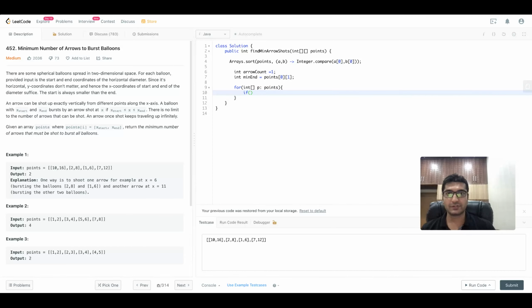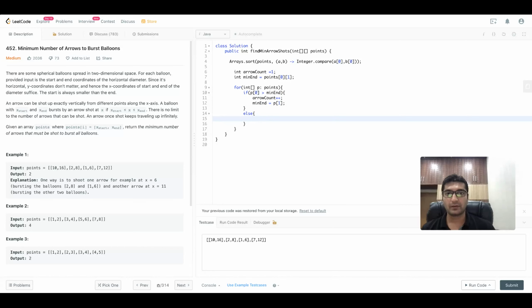Let's check the condition: if p start coordinate is greater than min end, in that scenario, just increment the count by 1 and assign the new min end as p of 1. Right.